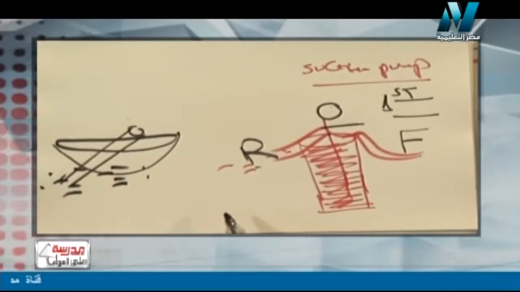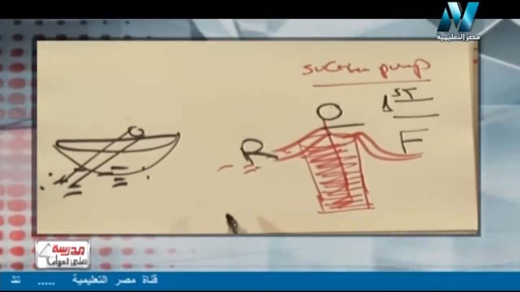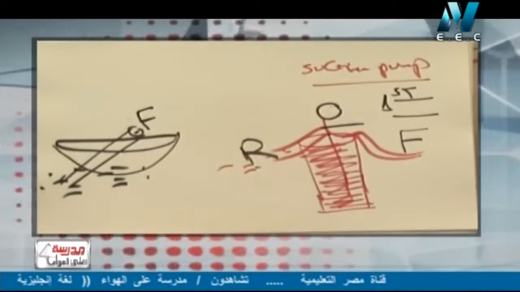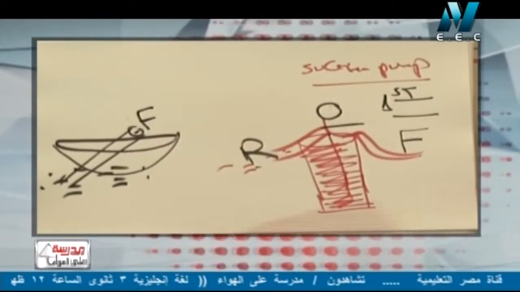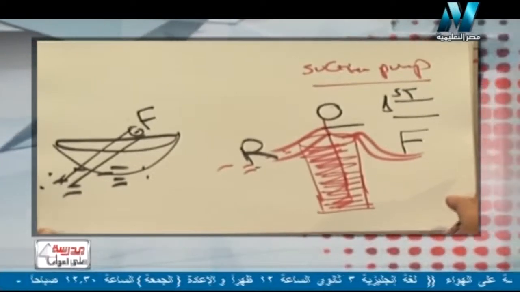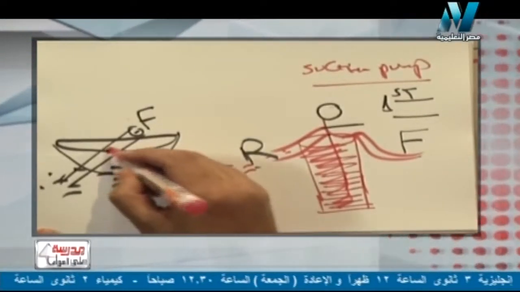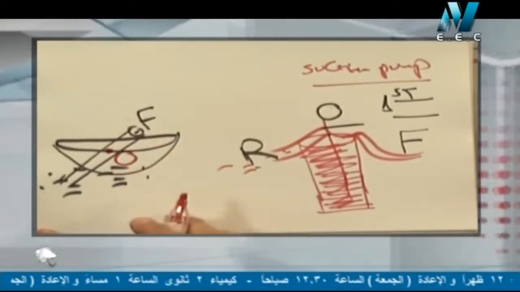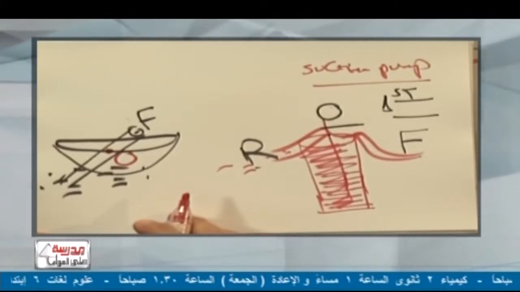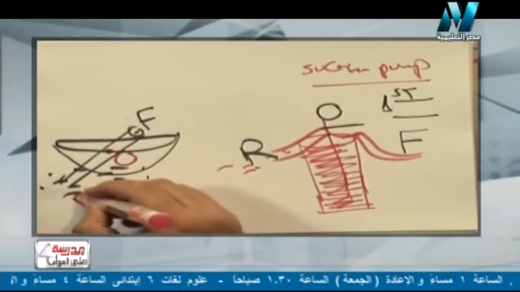Effort force is the place at which I hold the lever, so it will be here. Where is the place of fulcrum? Fulcrum is the place of movement or the rotation place. هو مكان الحركة تقريبا هيكون هنا. So fulcrum will be here. So where is the resistance force? Resistance force is at the place of water that you want to move. So it will be here.